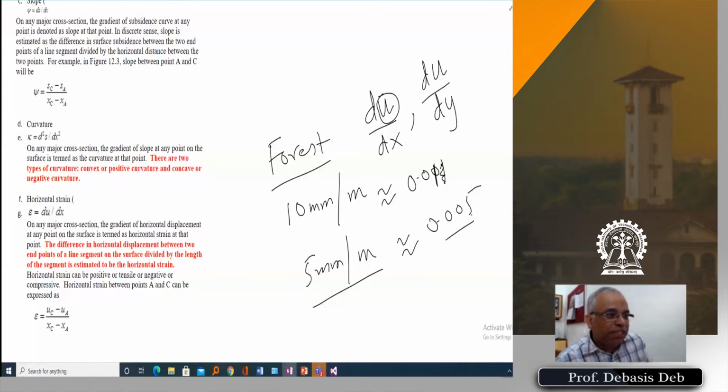The company has to submit a report on how they are going to maintain these values. What will be the mitigation plan? If it exceeds this value, what are they going to do? They have to give a plan even before they start the mining operation. Okay. So these are very important parameters you should remember.